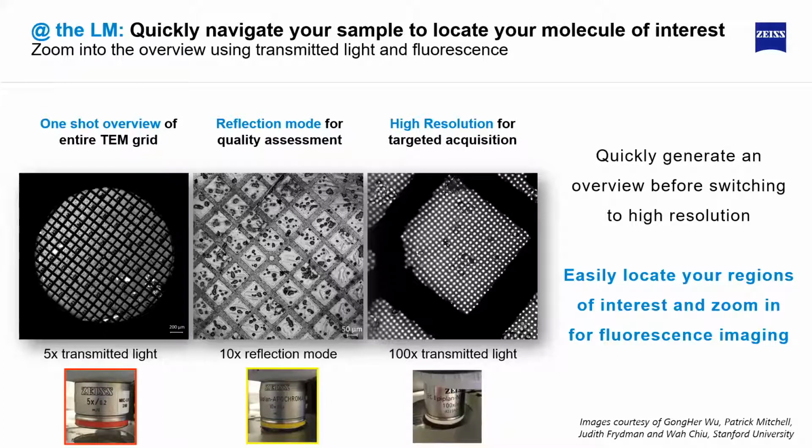Finally, having located the regions containing your molecule of interest, you can switch to the 100x objective for a high resolution transmitted light or fluorescence image of your sample that will be the basis of the targeted preparation of the TEM lamella. Having the flexibility to switch to different objective lenses makes sample navigation and image acquisition very quick and easy.